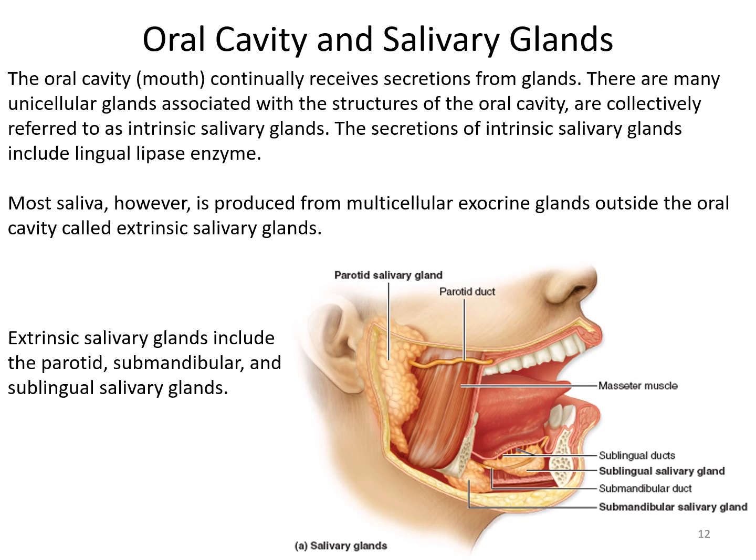Secretions of the intrinsic salivary glands, one of them is called lingual lipase. We are going to remember this one. So lingual has to do with the tongue. And I just realized I don't know how to spell tongue. I don't know where the U goes.